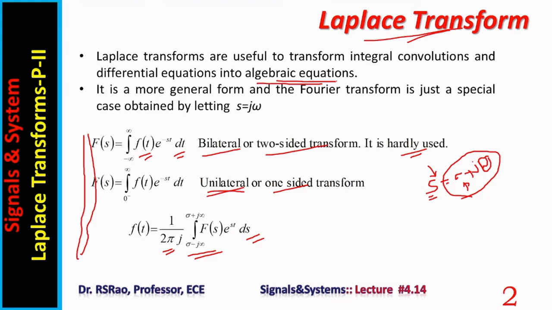Hence, while converting integral and differential equations into algebraic equations, Laplace transforms make our life easy and comfortable, also convenient. Laplace transform is a more general form, and Fourier transform is just a special case obtained by letting s equal to j omega. By letting sigma equal to 0 in s, one can get Fourier transform.